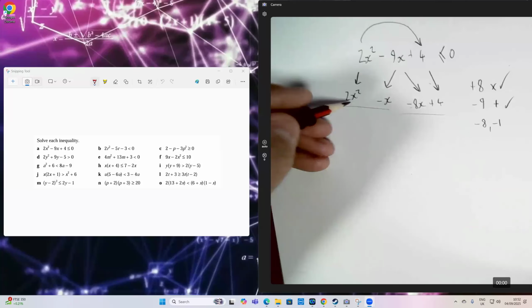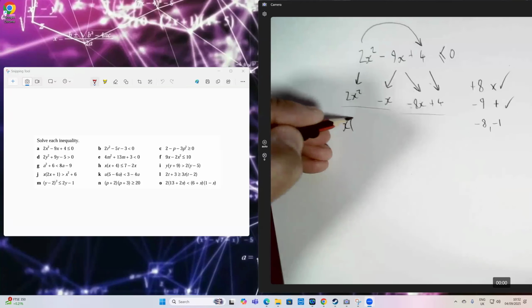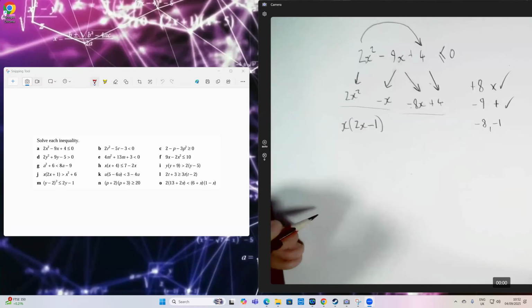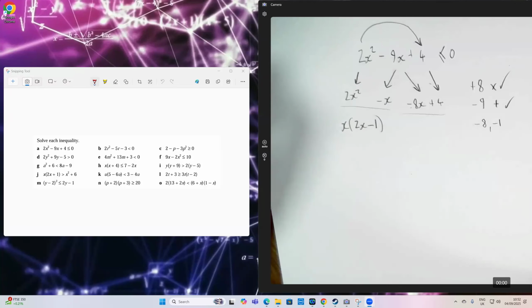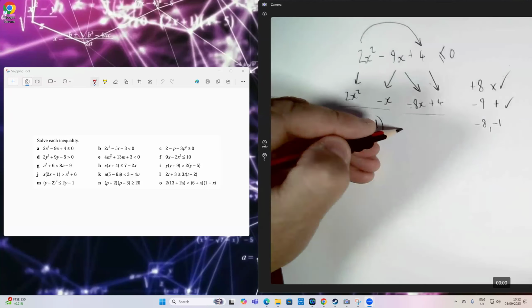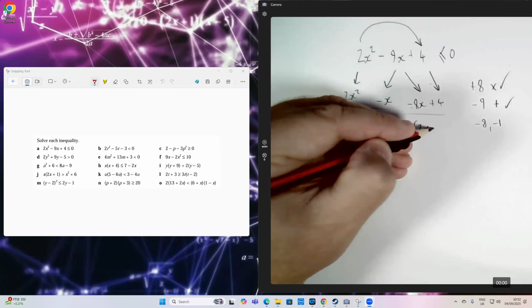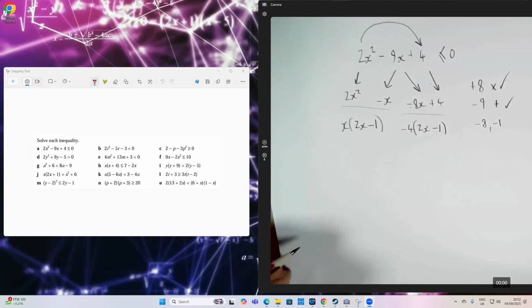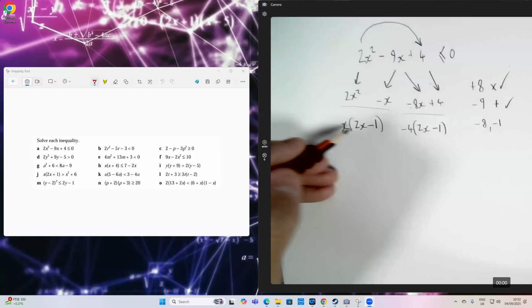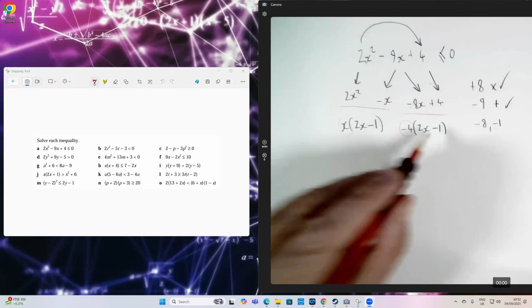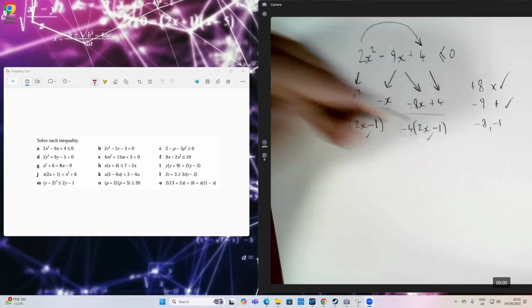So I'm going to take out a factor of x here, which is going to leave me with 2x minus 1. Here, I'm going to take out a factor of minus 4, and that leaves me with 2x minus 1 as well. And we know it's correct if these two brackets match, by the way.